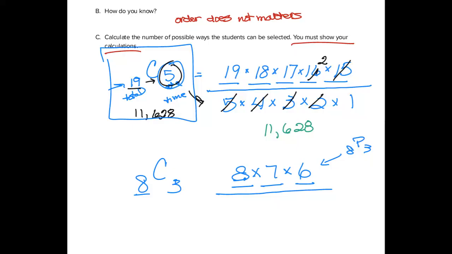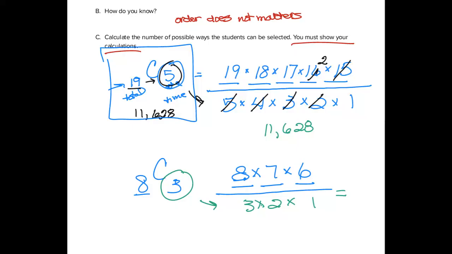But when we divide it by this number's factorial down here, 3 times 2 times 1, ugh, pen isn't working, okay? That's when we get a different answer for the combination.